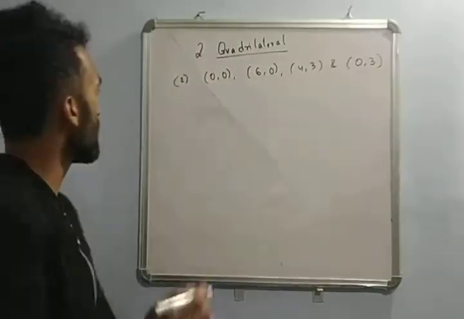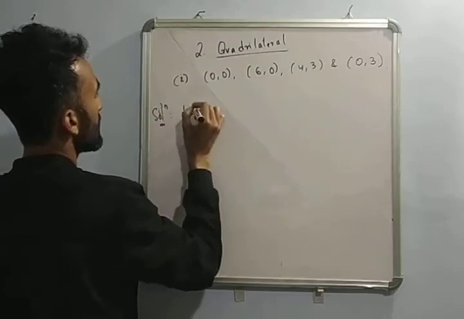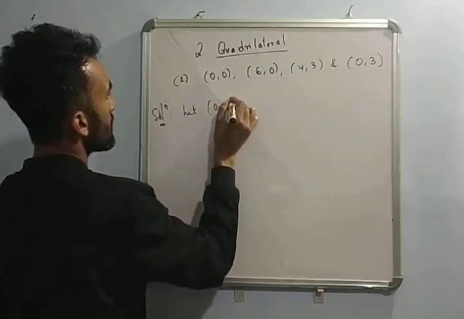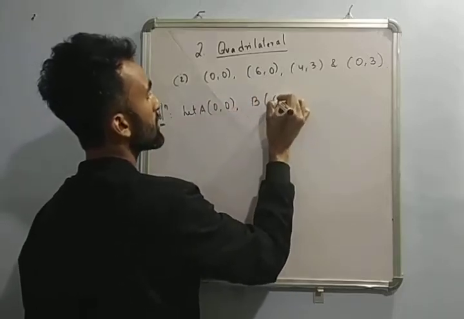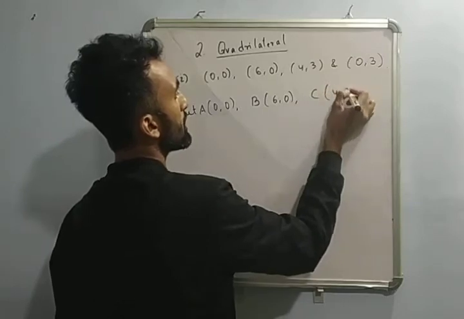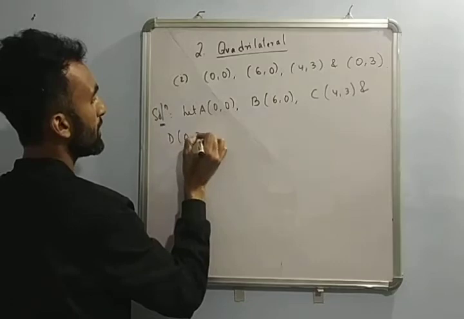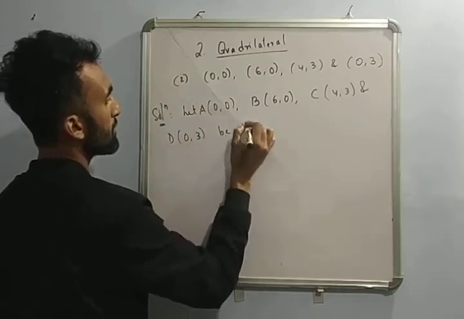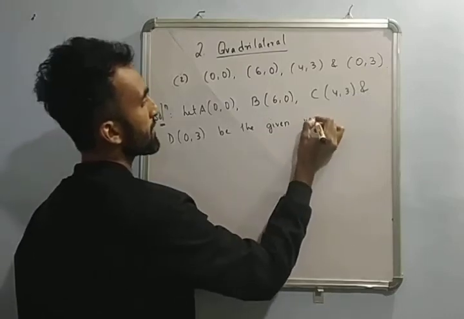So let me draw one quadrant. Let 0, 0 be A, 6, 0 be B, 4, 3 be C and D, which is 0, 3, be the given vertices.